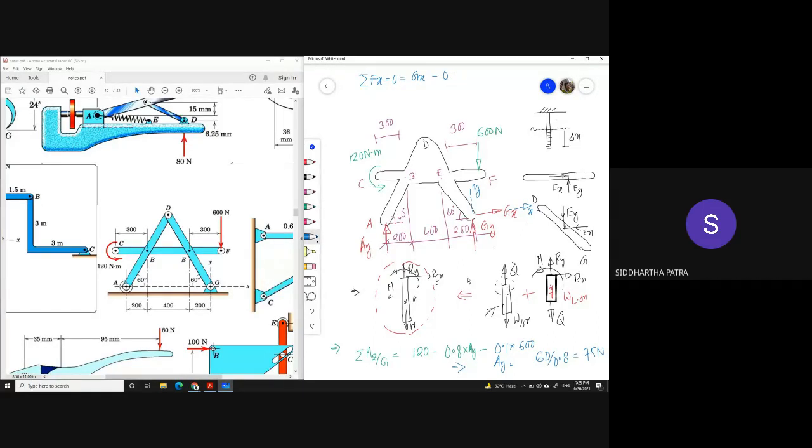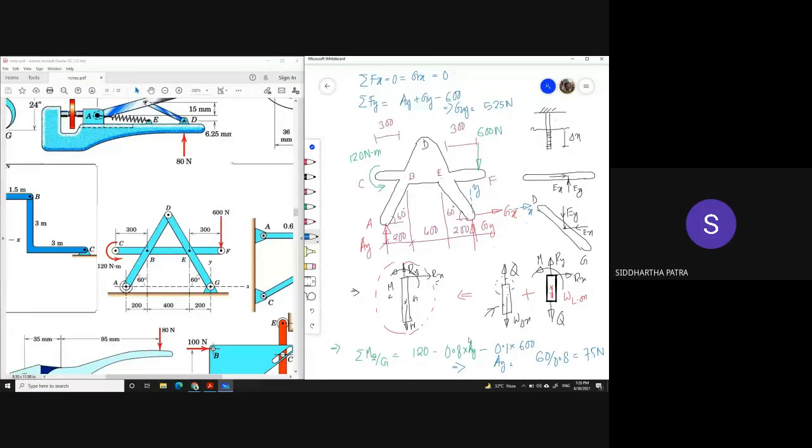Am I correct? There is only one component of force in x as far as the whole structure is concerned. Then in y, it is Ay plus Gy minus 600, so Gy turns out to be 525 Newton. Is that so? Yes, sir. Okay.